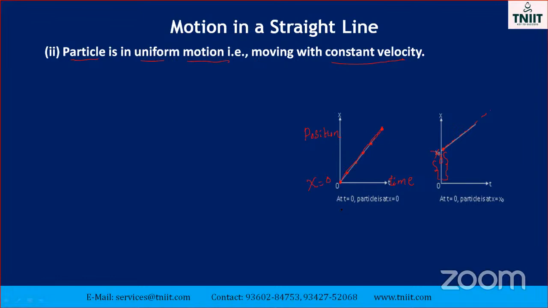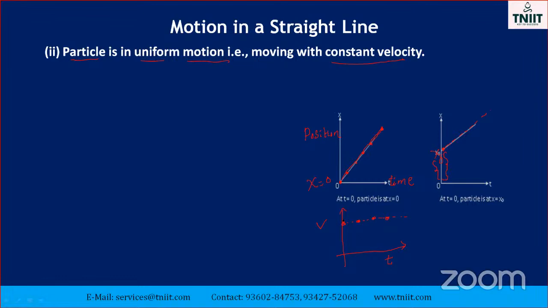Then for the same thing, can you write the velocity time graph, students? This is velocity and this is the time. So the particle is moving along parallel to x-axis. As the time changes, the velocity is not changing.